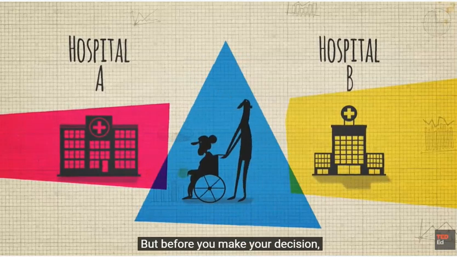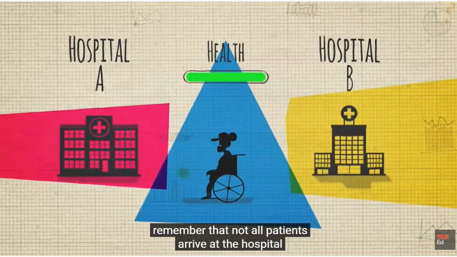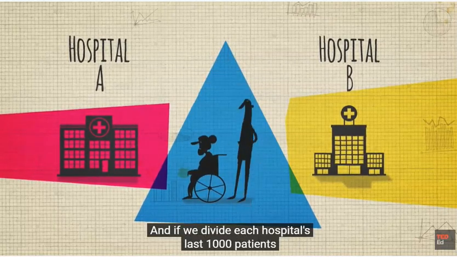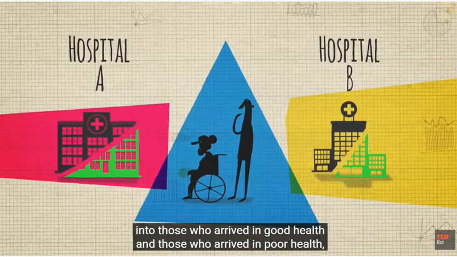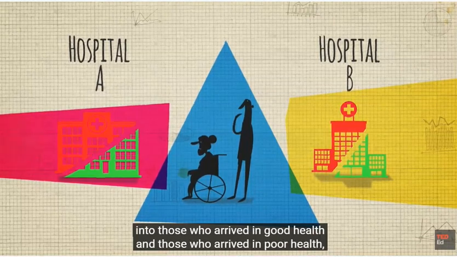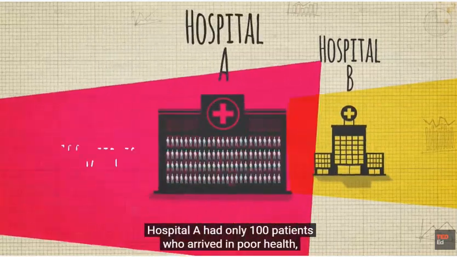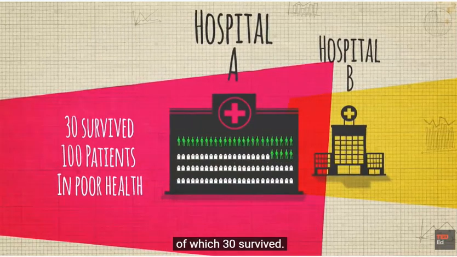But before you make your decision, remember that not all patients arrive at the hospital with the same level of health. And if we divide each hospital's last 1,000 patients into those who arrived in good health and those who arrived in poor health, the picture starts to look very different. Hospital A had only 100 patients who arrived in poor health, of which 30 survived.